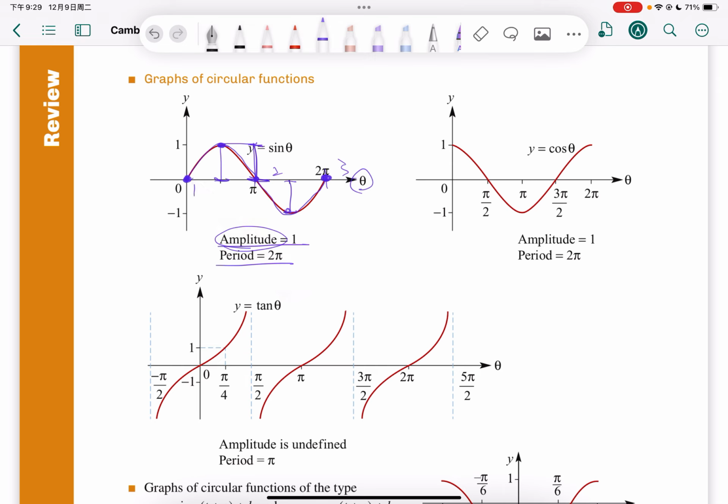And the same for cos. The period is 2 pi, which is the whole circle, so the whole angle should be 2 pi. And the amplitude is just the radius, which is 1. Same for cos. You also have the unit circle before. So you have an amplitude of 1, which is this length or this length, and a period of 2 pi.